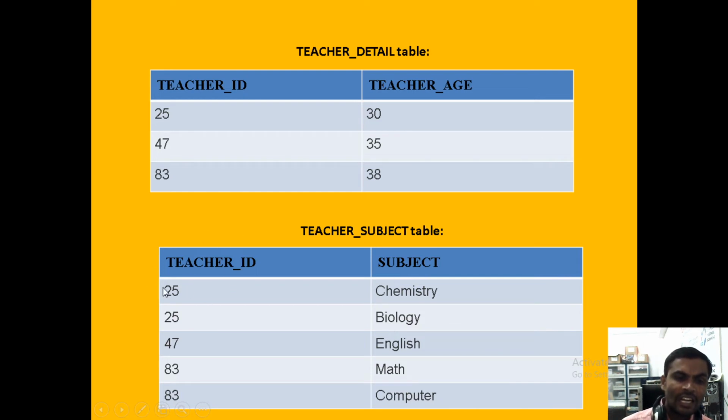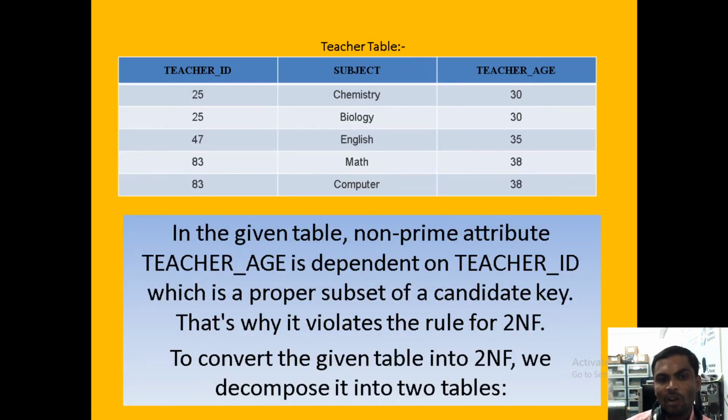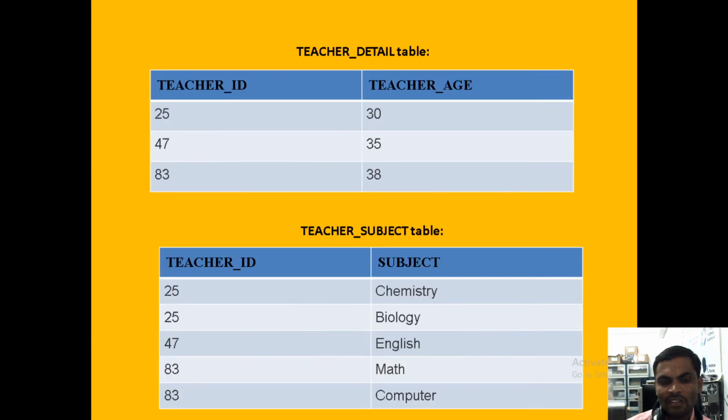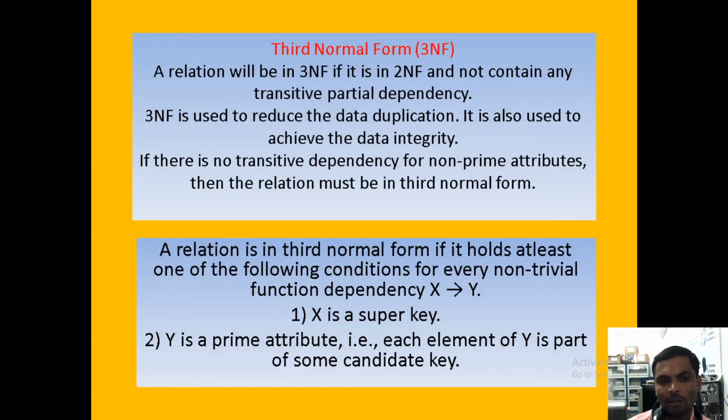The teacher ID we consider as a non-prime attribute, which is fully functionally dependent on the primary key, here the subject attribute. As per the table, it is violating the second normal form, so we convert to the first and then to the second normal form.